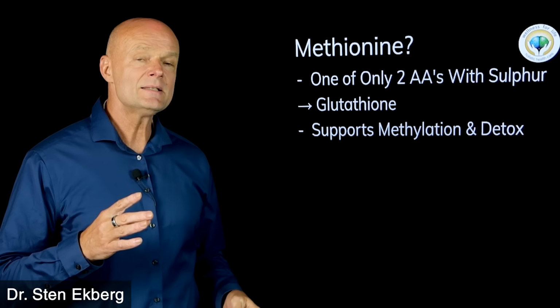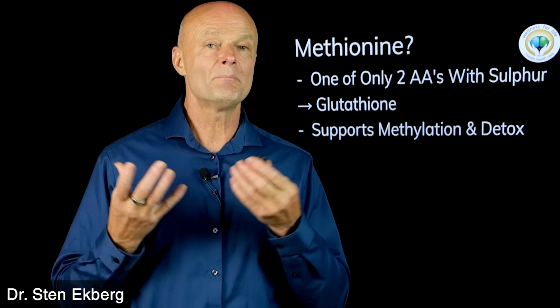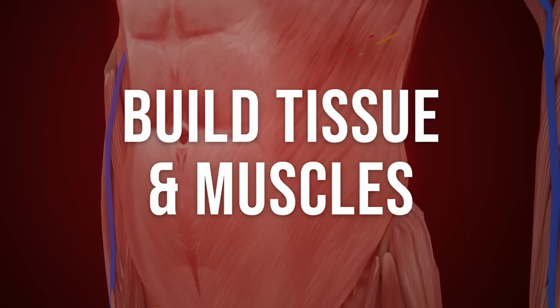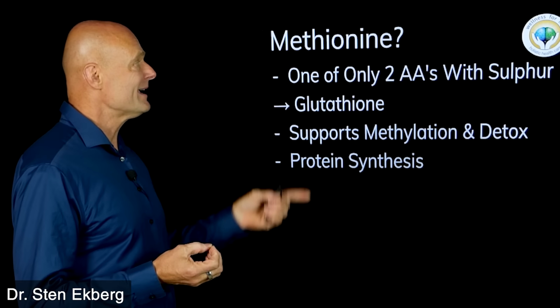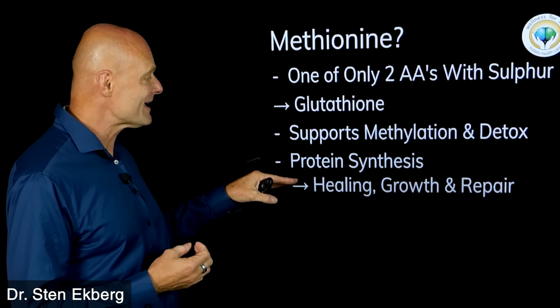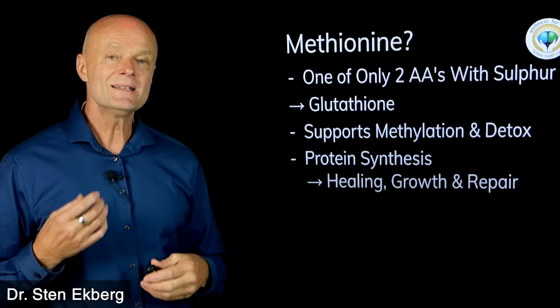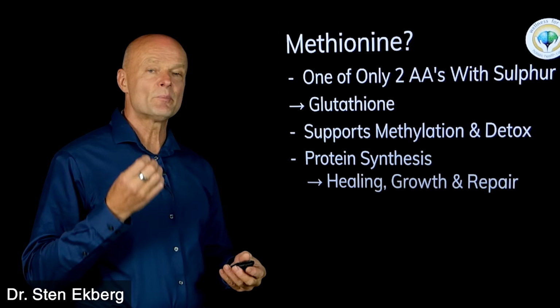And one of the reasons that we eat protein is to build tissue and build muscles. And if we don't have the proper balance, including methionine, then we can't do the kind of healing and growth and repair that we need to do. So it's not methionine itself that's the problem.